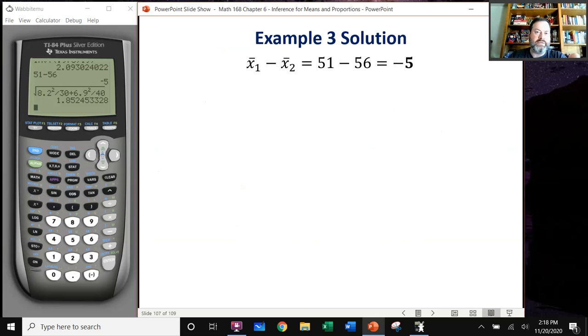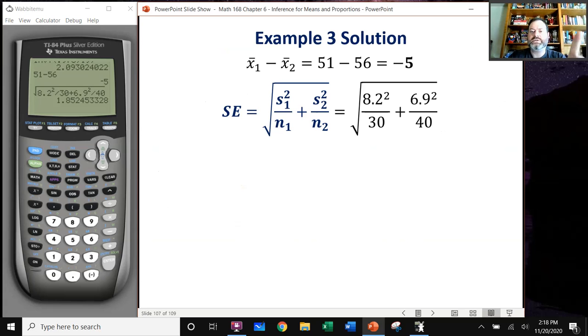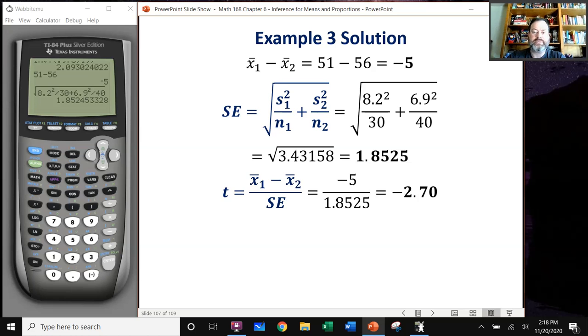Right? So negative 5 is our sample statistic. Standard error, 1.8525. I'm keeping 4 decimal places here because I have to divide by this number. So it's never a bad idea to keep a couple extra decimals for intermediate steps. Next up, the t-statistic is just x bar 1 minus x bar 2. We already computed that.